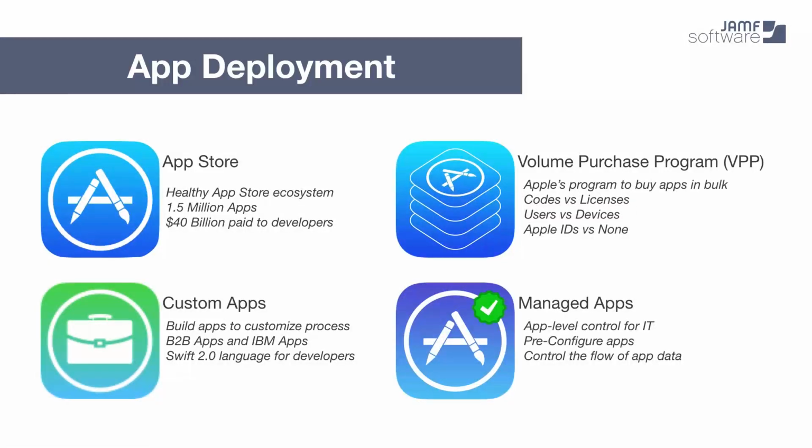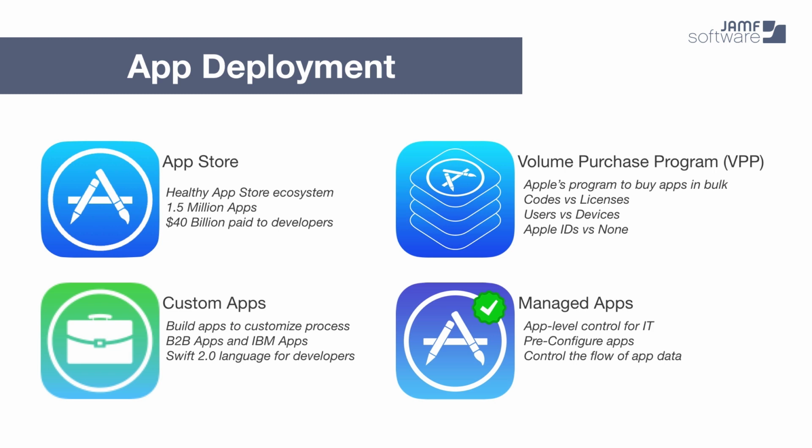Once you deploy these apps out, they can be managed apps. And this is really interesting. It's app-level control for IT. It flags an app as being owned by an organization, and you can do some neat things with it. You can pre-configure it so that login steps can be skipped in certain apps, and you can control the flow of app data.